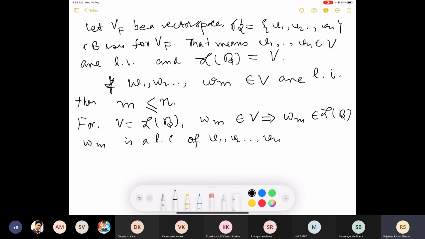That means there is a linear combination, say alpha 1 V1 plus alpha 2 V2 plus up to alpha n Vn plus alpha Wm equal to 0.